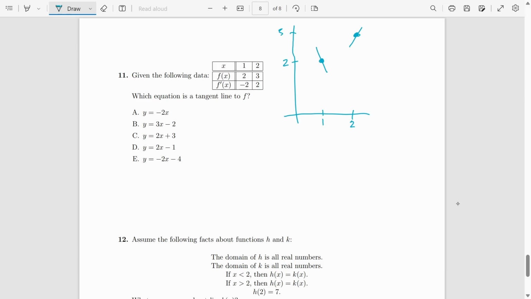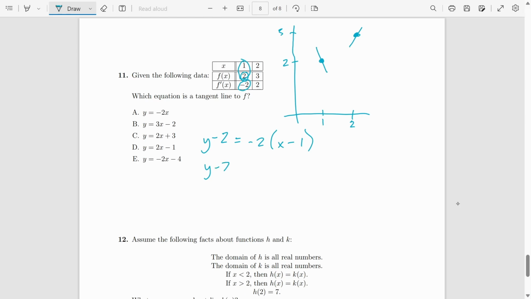So the easiest way to do this is just find the equation of these two lines. We've got a point and a slope, so we can just use the point-slope formula, which is y minus y1, which is 2, equals the slope, negative 2, times x minus x1, which is 1. And then we simplify.